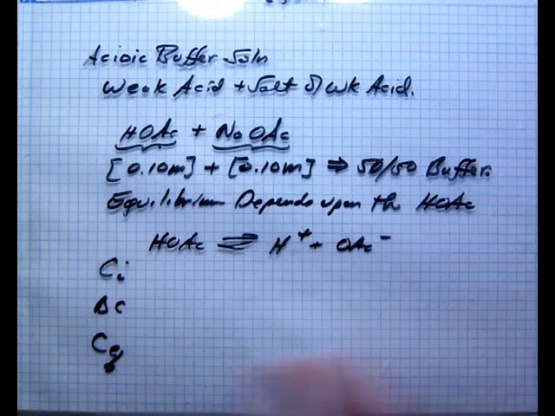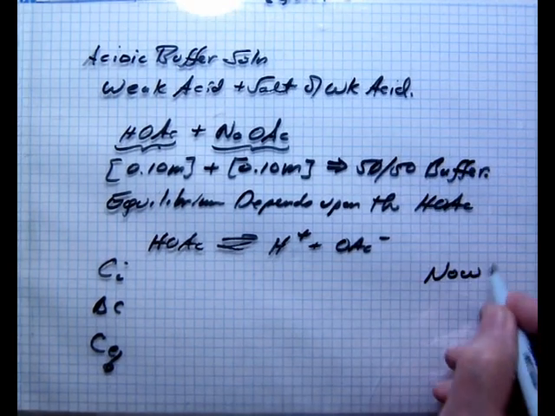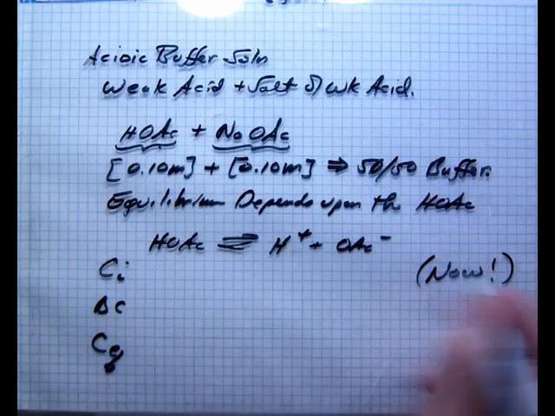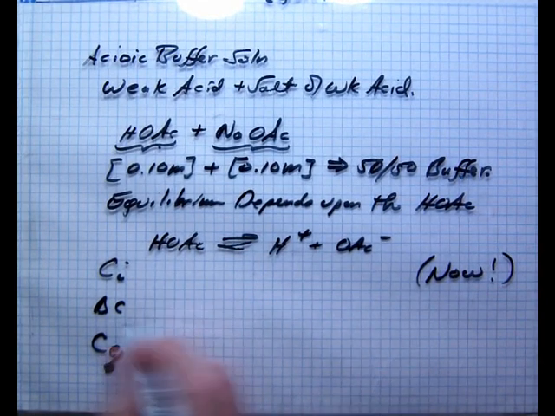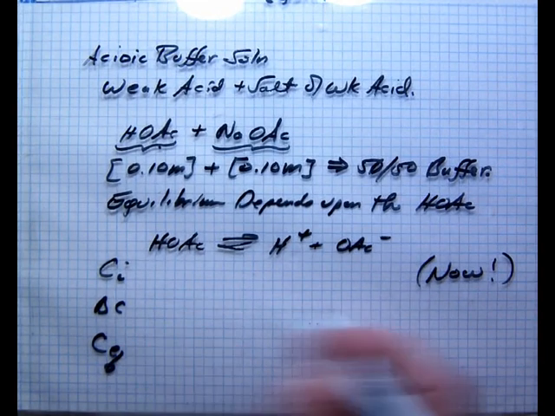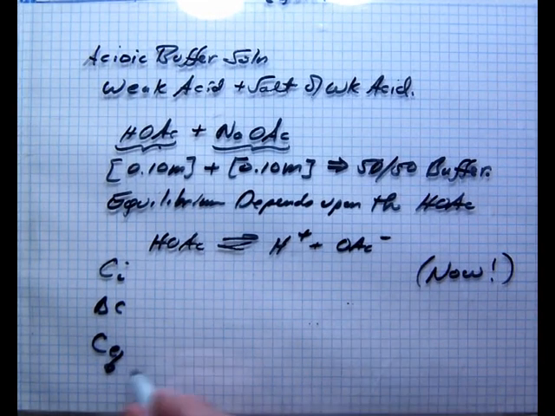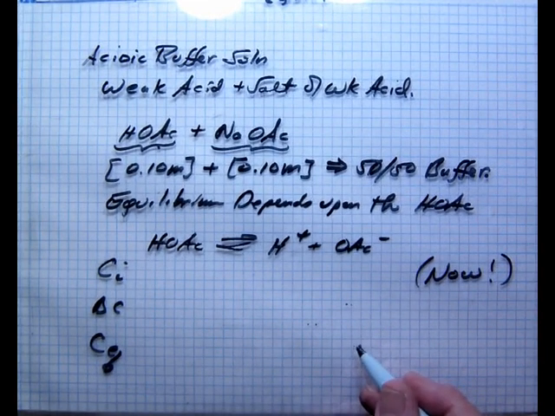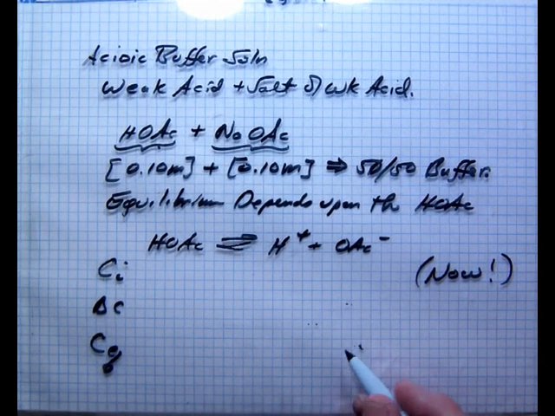Okay, this is the now condition as I put it in here. Then we're going to add some ways into the change issue and destroy the equilibrium, and then it's going to reestablish a new equilibrium with new concentrations like I showed you in the previous slide.